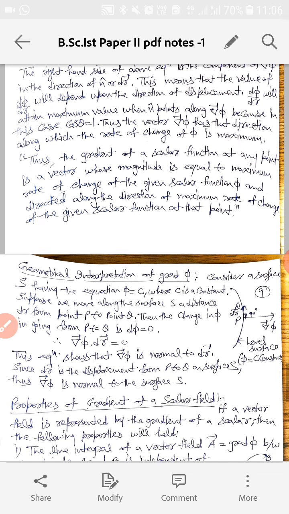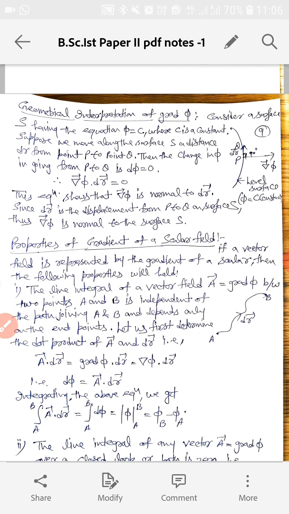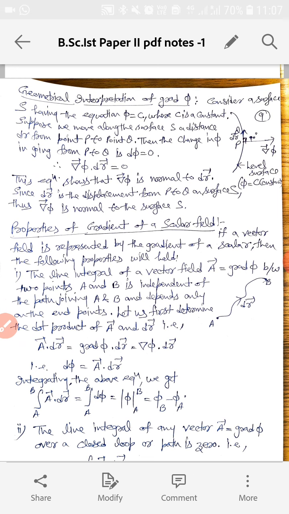Next we will discuss the geometrical interpretation of gradient of phi. For this, again consider a level surface at which phi is equal to c, meaning phi is a constant value.